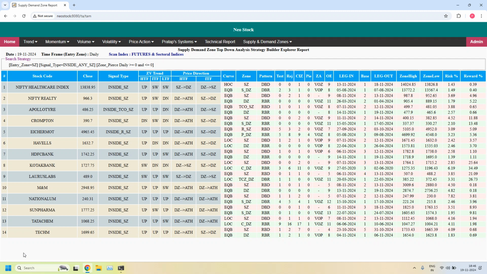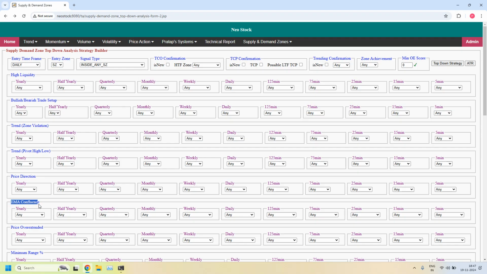In these 14 stocks, currently price closed inside the daily supply zone. Among these 14 daily supply zones, there could be high probability setup daily zones based on daily EMA Confluence. Let's get those stocks. So EMA Confluence at daily time frame, daily supply zones having daily EMA Confluence filter is enabled, and EMA Confluence should be used only in the trending market.